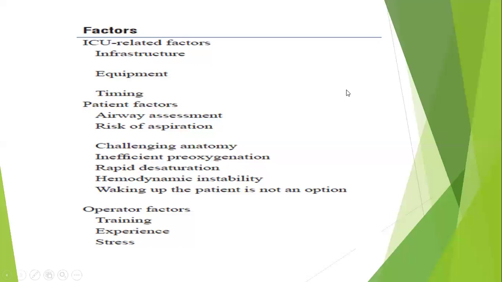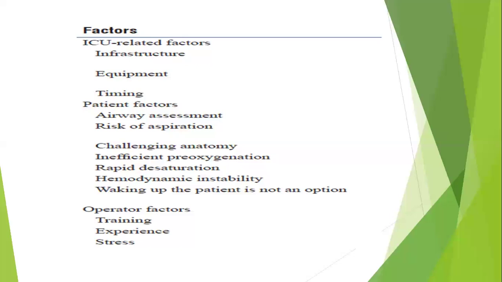All right, so now this is the table to just elucidate all the things I've been talking about. So ICU related factors, infrastructure, equipment, timing, patient factors. All right, we're going to look at them. Most of the times we do not have time to do proper airway assessment.